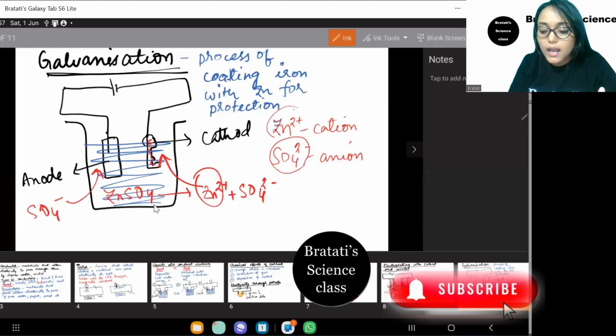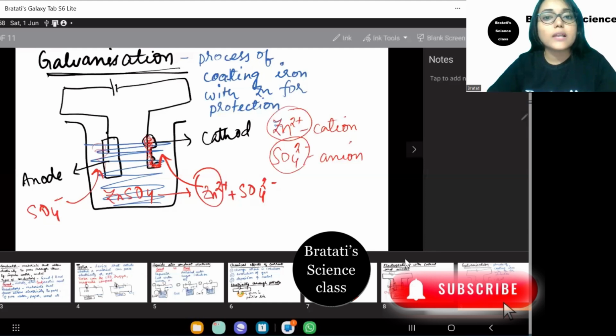These are the free ions, and these free ions will be present in the liquid, the solution. So here you can see this was the key, and there was a coating of zinc, which is protecting the key in future from getting rusted. All right, and the sulfate ions will come to the anode part. So cation will go to the cathode, anion will go to the anode.